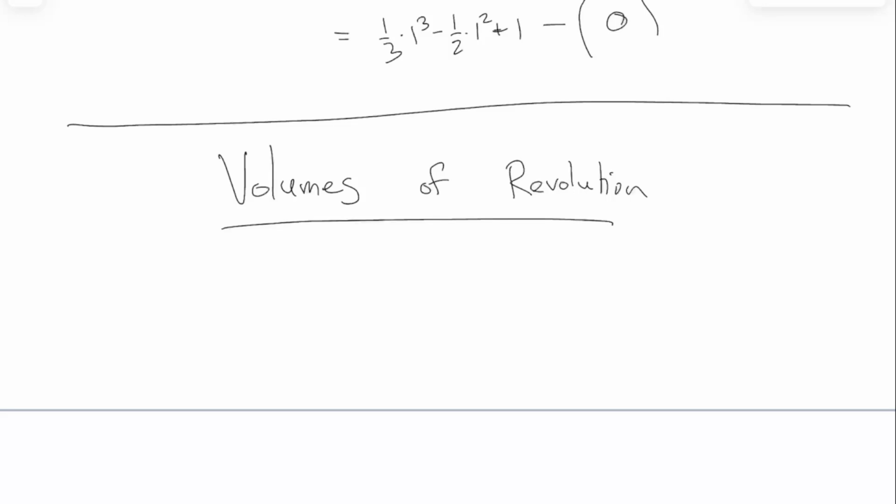You can use the integral to find volumes of certain shapes, even shapes that you don't know offhand a formula for the volume of. This works best if they are shapes of revolution, obtained by revolving a function, like something you could make on a pottery wheel.